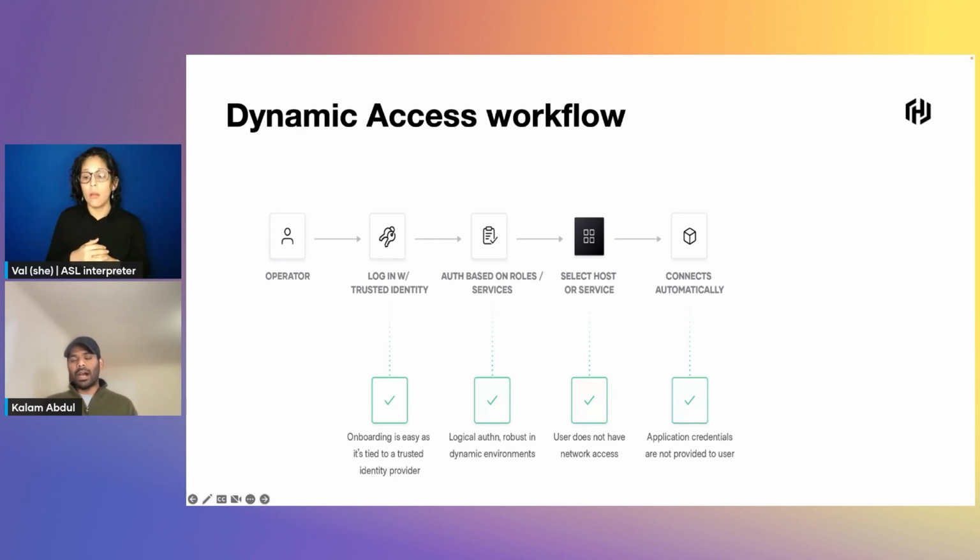That makes onboarding the users an easy process. And once they are authenticated, the authorization happens based on the policies that are assigned to the users, right? These policies are based on the logical service level, not at the IP level, which works very well in the dynamic environment. So if the IPs change for the backend systems, that policy is still good for the users to connect.